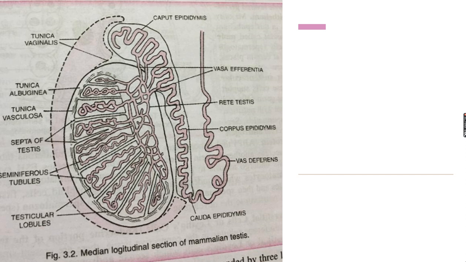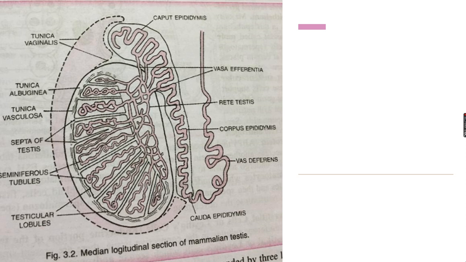Inside the testes, there are testicular lobules. Each testis has about 250 compartments called testicular lobules. Each testicular lobule contains one to three highly coiled seminiferous tubules, and the wall of each seminiferous tubule is formed of a single layer of germinal epithelium.